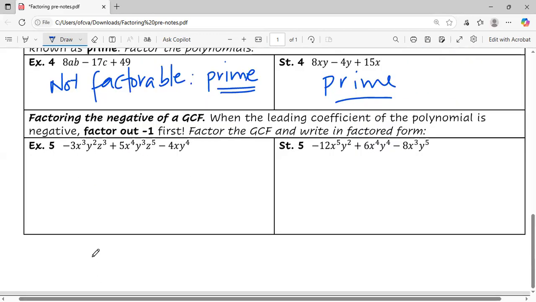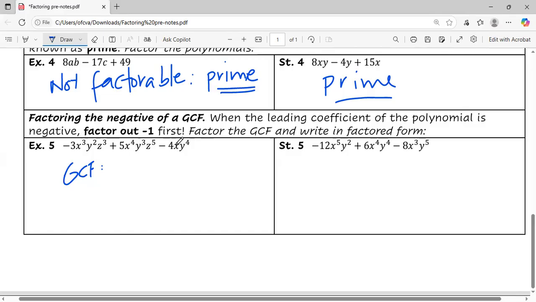So this one, for example, let's check the GCF first. You have -3, 5, and -4. The coefficients have nothing in common. There's no common divisor for -3, 5, and -4. So let's check the variables. You have x, y, z. You have x, y, z, but you have x, y. So no z. You can't take out z.